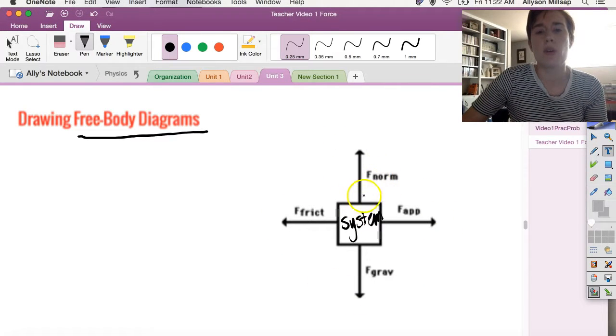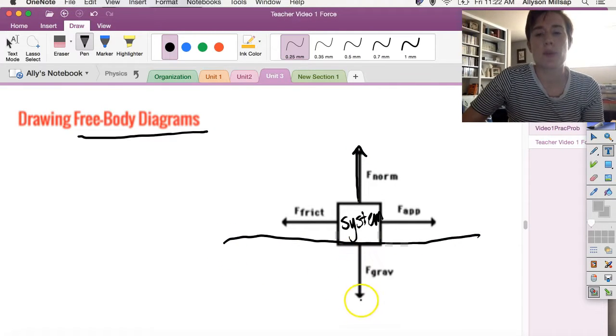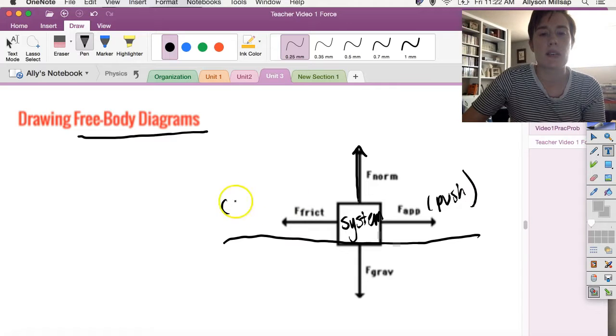Remember I said normal force always points upward. That's if the object is sitting on something. Gravitational force always points downward. Applied force is when it's being pushed. And remember how we said friction always goes opposite. So friction is opposite of the push.